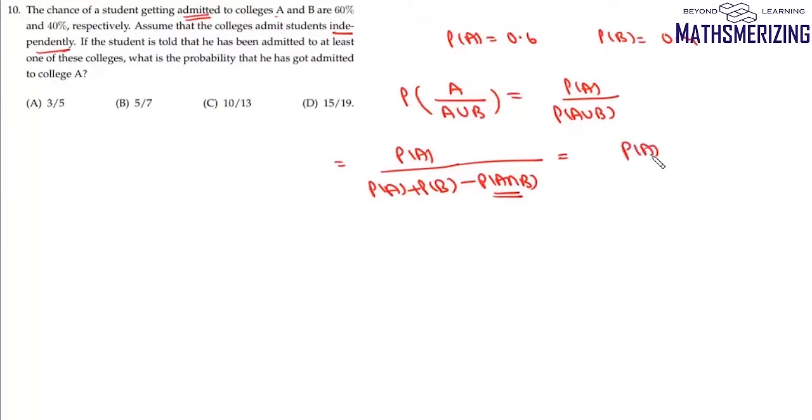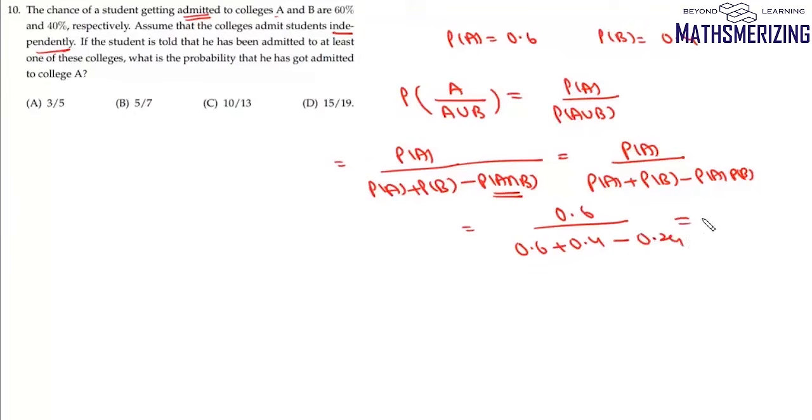So we'll write this as probability of A upon probability of A plus probability of B minus probability of A into probability of B. Now, what's probability of A? It is 0.6, and here it will be 0.6 plus 0.4 minus 0.6 into 0.4, it will be minus 0.24. So it will be 0.6 upon 1 minus 0.24, so it will be 0.6 upon 0.76. So it is nothing but 15 by 19, and that's your option number D.